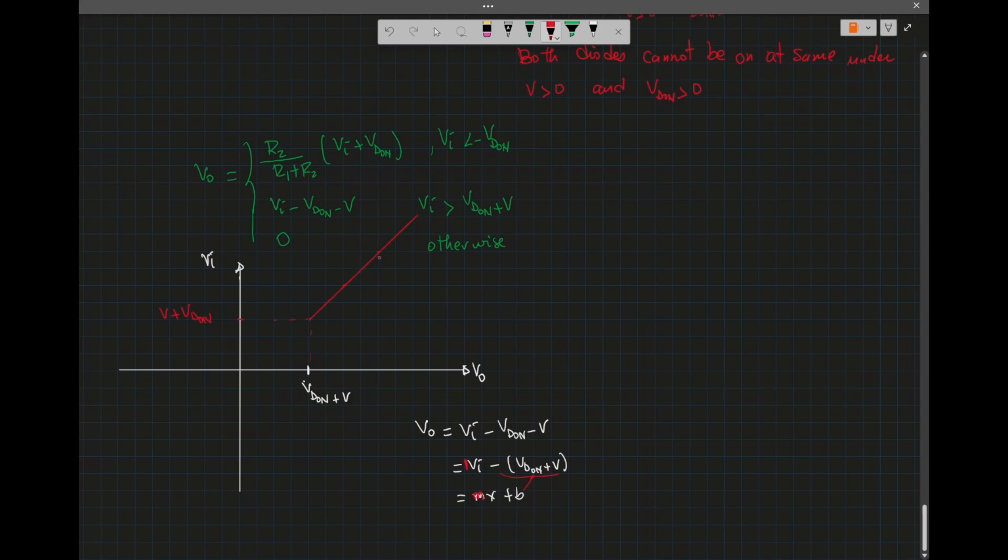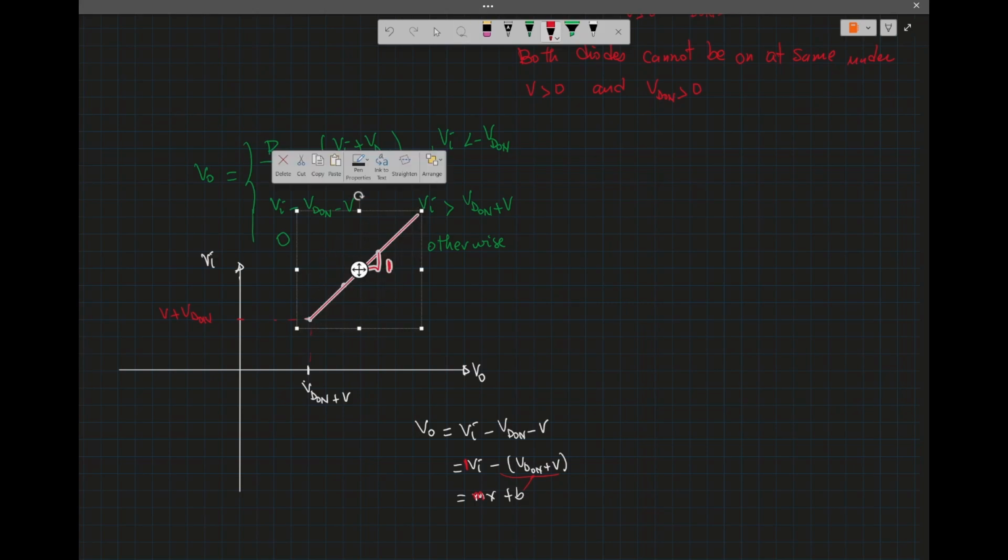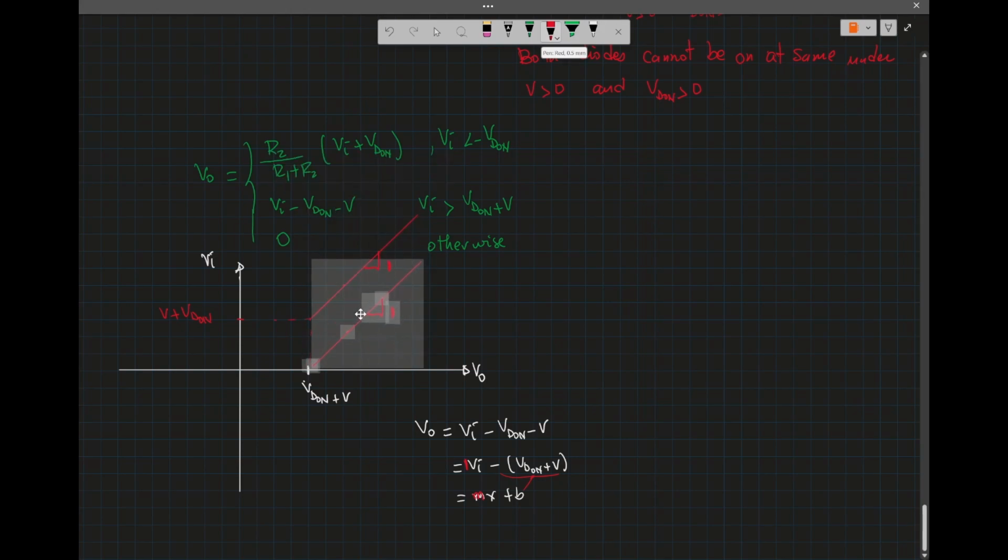Okay, so slope 1. Well, I did not sketch it correctly. So this graph, I should move down there.